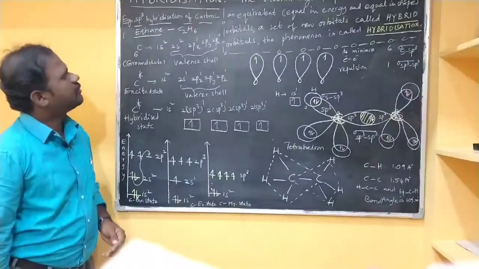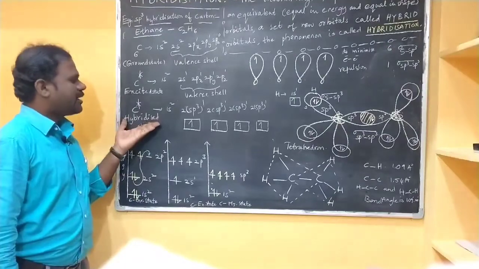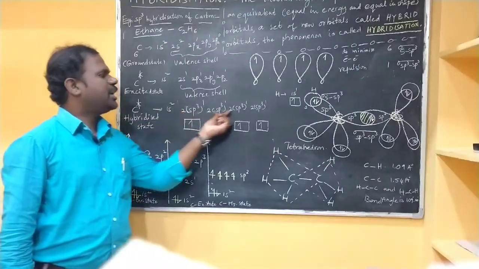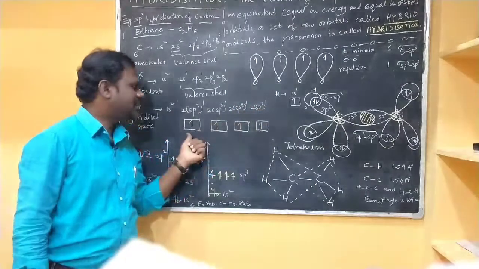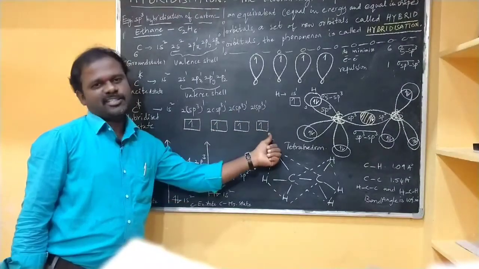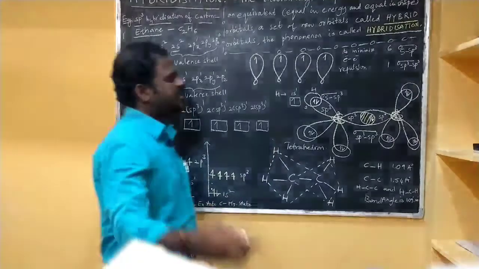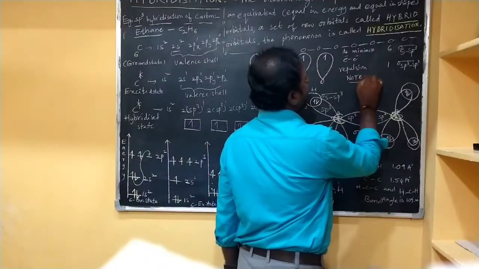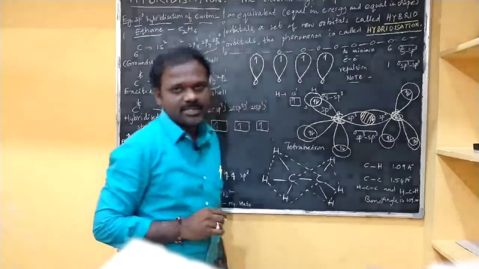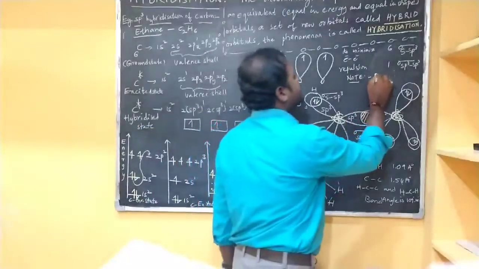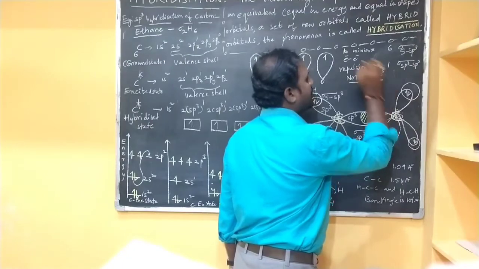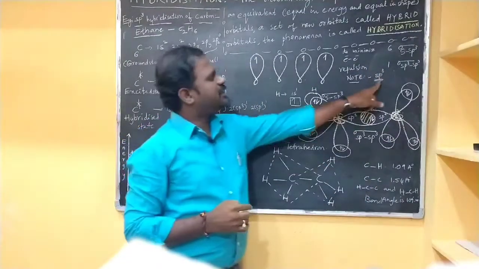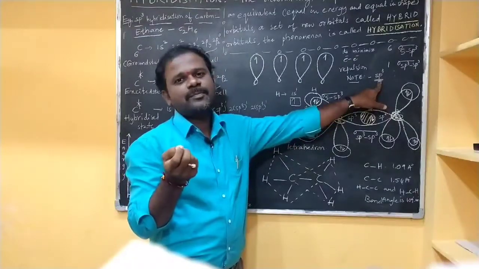Okay. Here what is the conclusion? Carbon can undergo hybridization to get 4 equivalent orbitals: sp3, sp3, sp3, sp3. And here there is a note: in sp3 hybridization, the s percentage is very important. What is the s percentage?